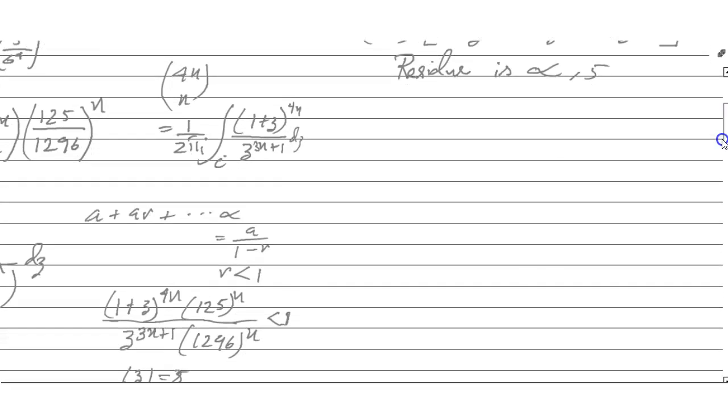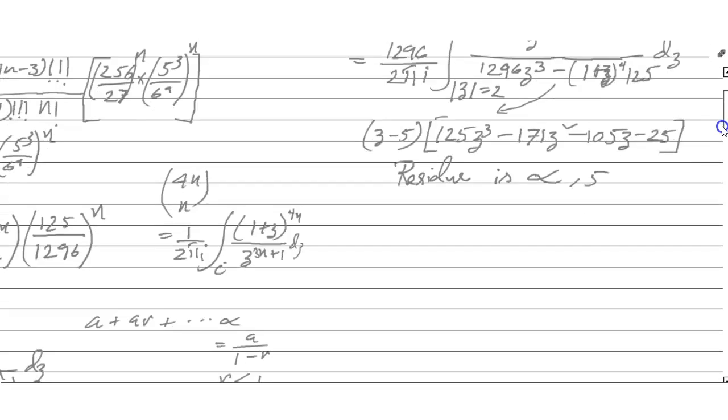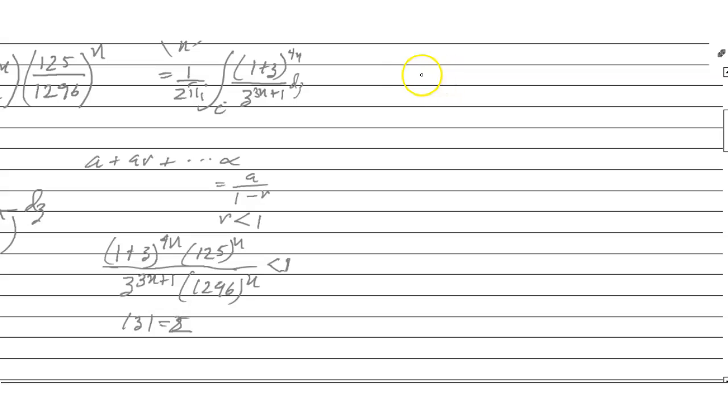When the residue is at infinity, I can get it this way: residue as z tends to infinity of z squared into (z minus 5) and 125 z cubed minus 171 z squared minus 105 z minus 25.